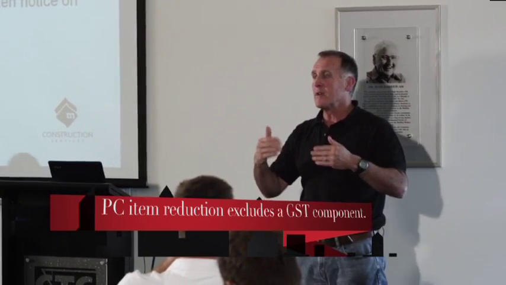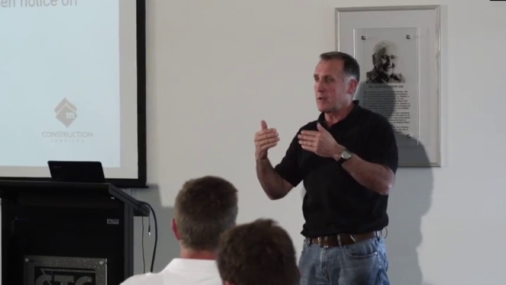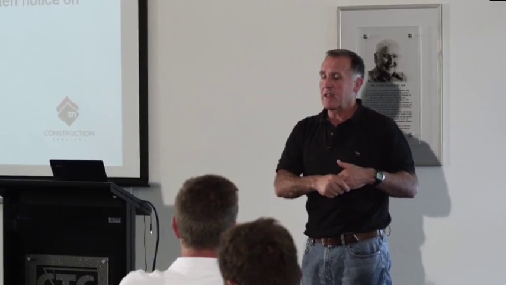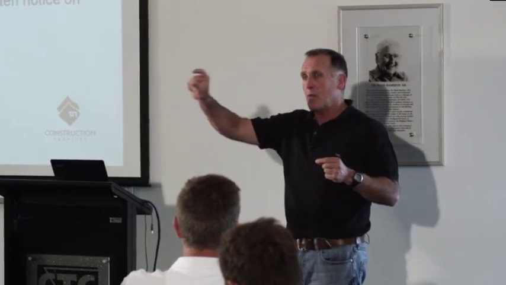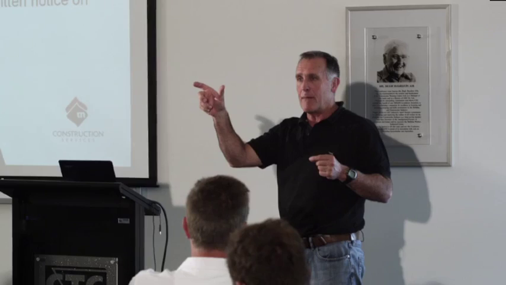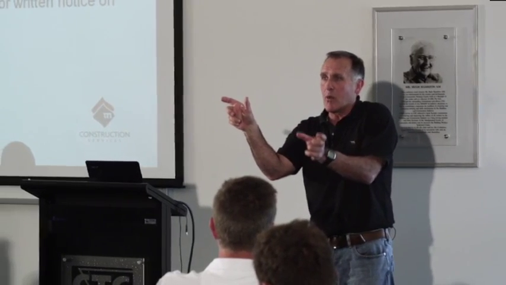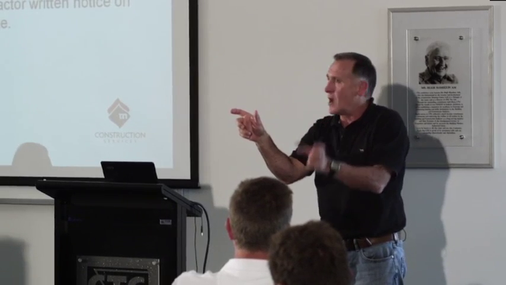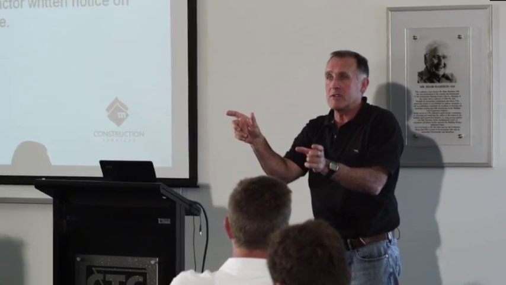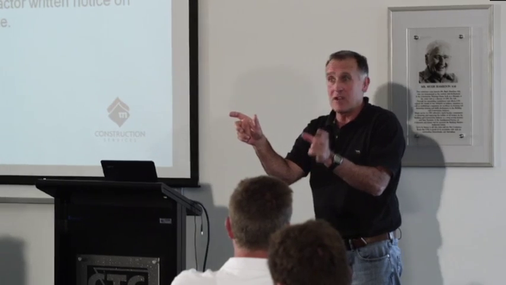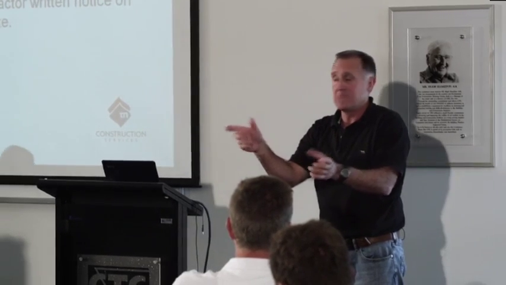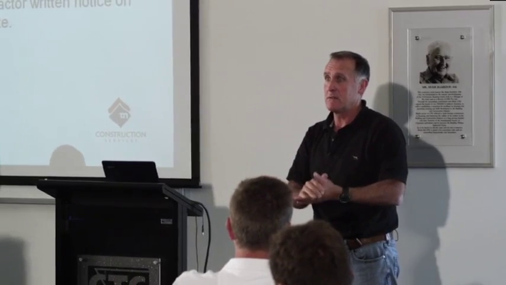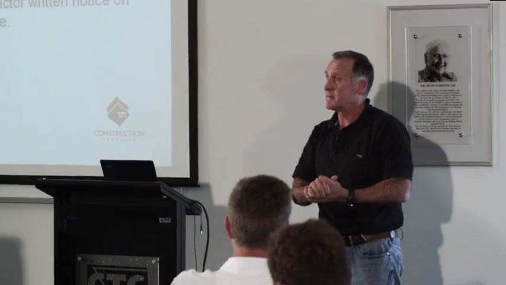So when you're giving the prime cost item adjustment because they've found something of a lesser price, you still keep your same price, including the margin, but the price at what they were able to find it for is less. That's what you use, but you don't add a GST component to that lesser cost because there's no goods or services provided, no GST is included. So it's just the cost of the item only. Okay, an important point. Good point.